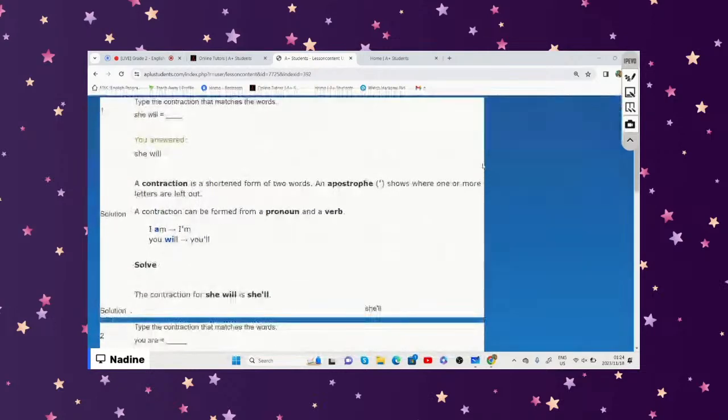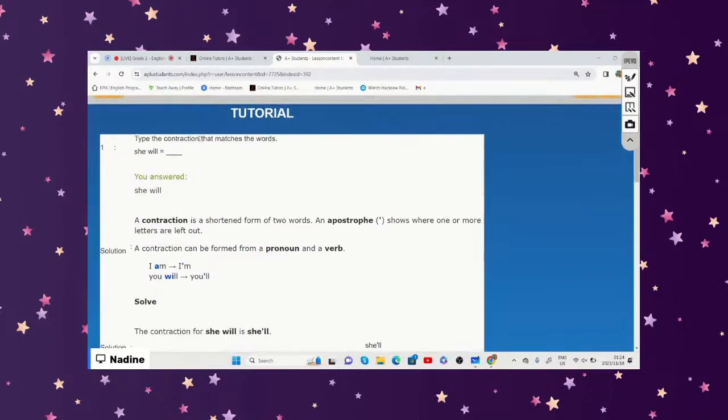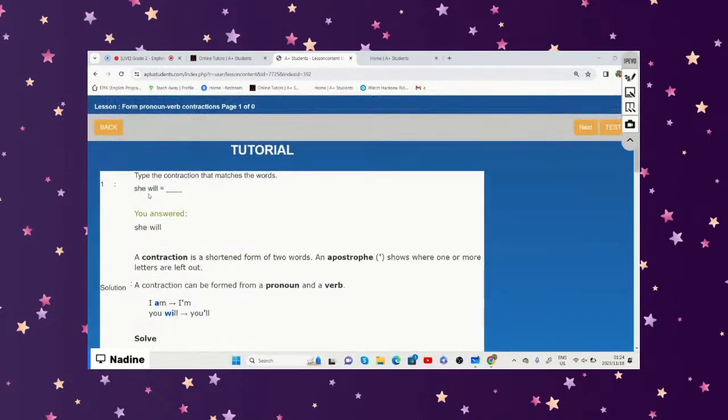All right, so now we need to type the contraction that matches the word. She will. How are we going to type the contraction that matches the word she will?